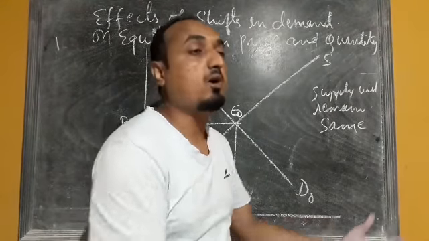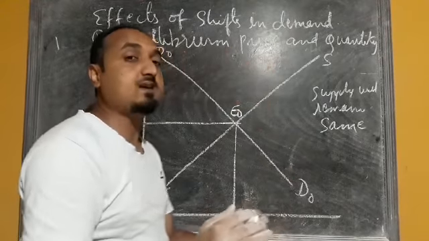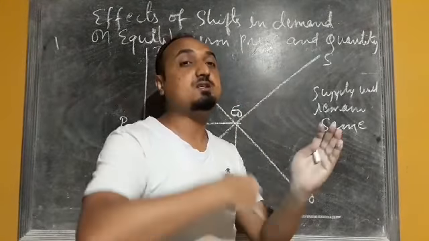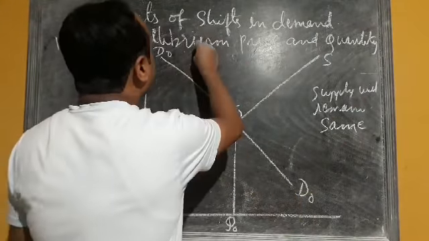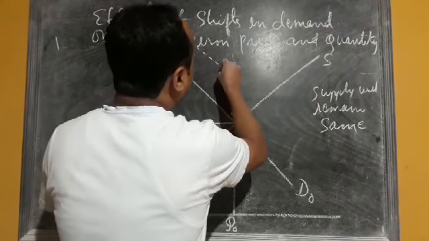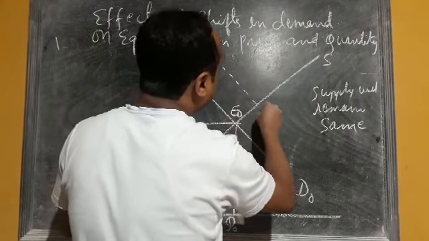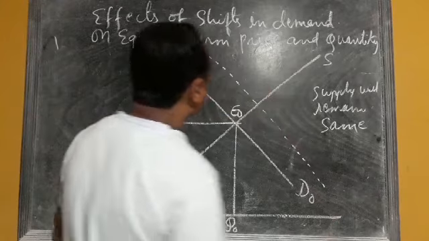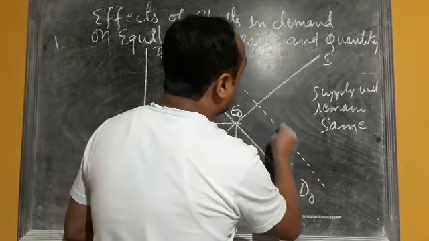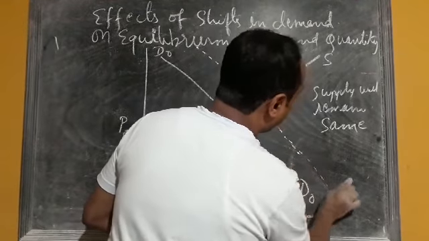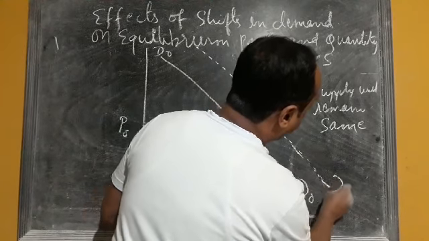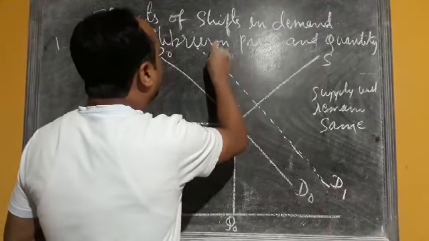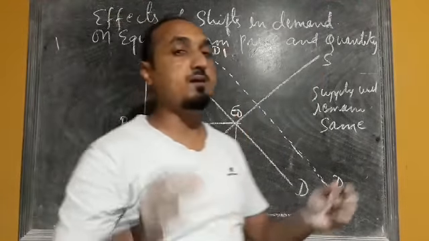If the quantity demanded increases, in that case what will happen? The demand curve will shift rightward. Suppose the demand curve is shifting rightward; now we have a new demand curve, D1.